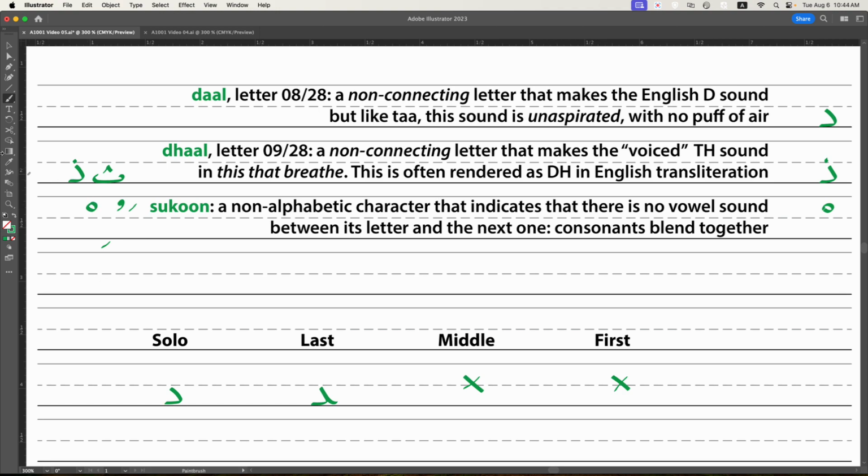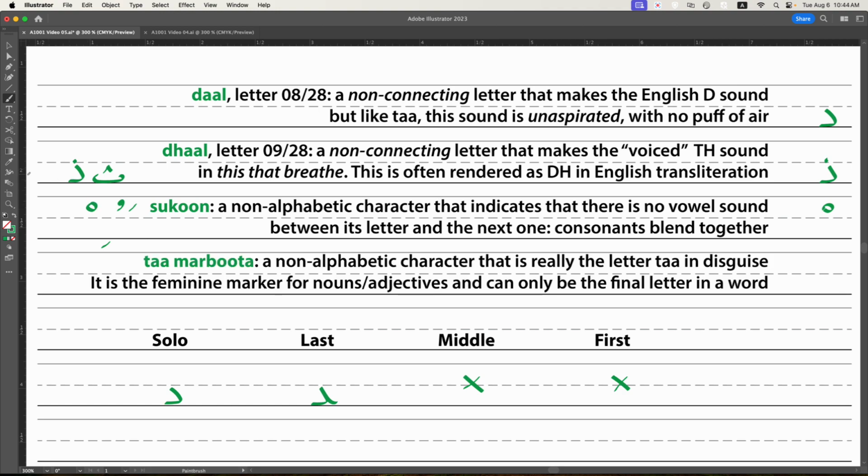And now the final character we're going to learn in this lesson is called ta marbuta. Ta marbuta literally means tied up ta or bound ta. It's a non-alphabetic character, but it's sort of a letter in the alphabet because it's really a letter ta in disguise. And what it does is mark a word as grammatically feminine.